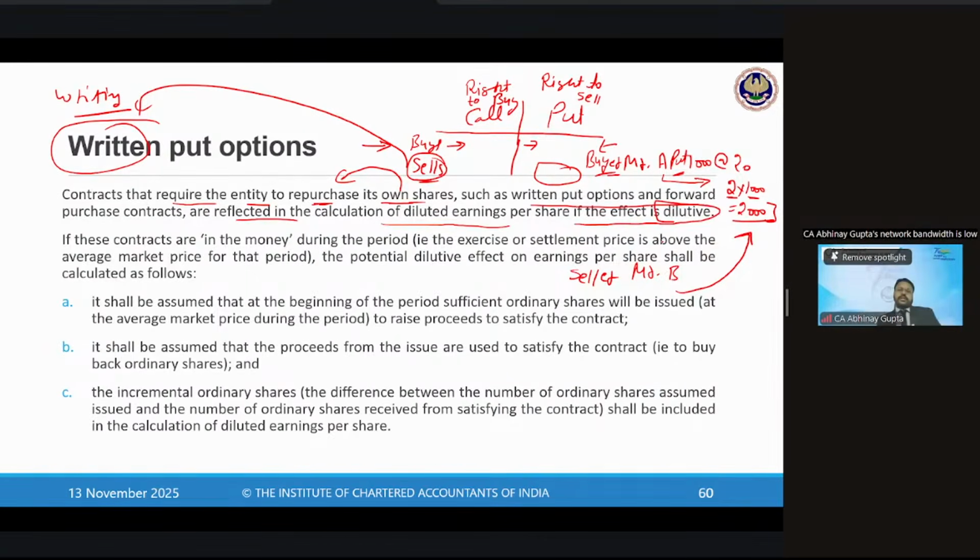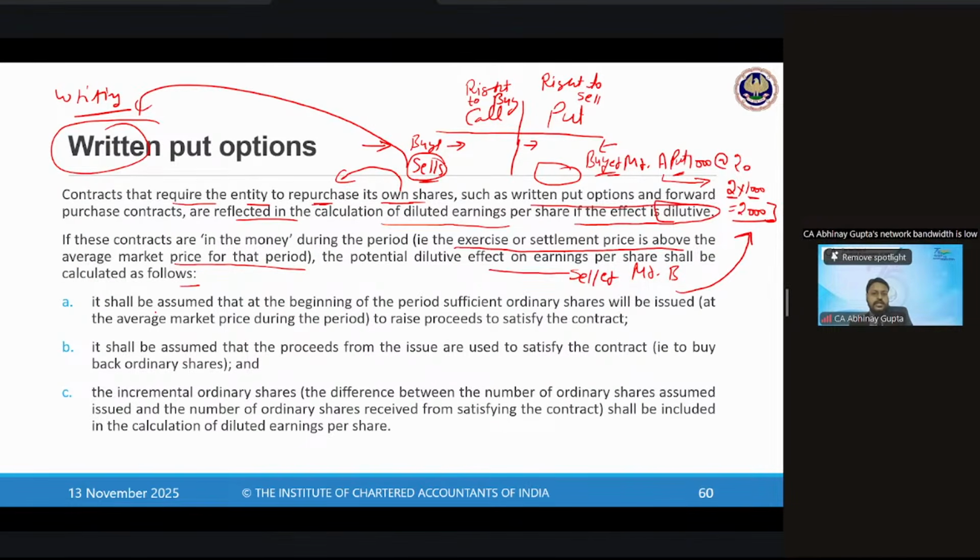If these contracts are in the money during the period, that is, the exercise or settlement price is above the average market price for that period, the potential dilutive effect on earnings per share shall be calculated as follows.